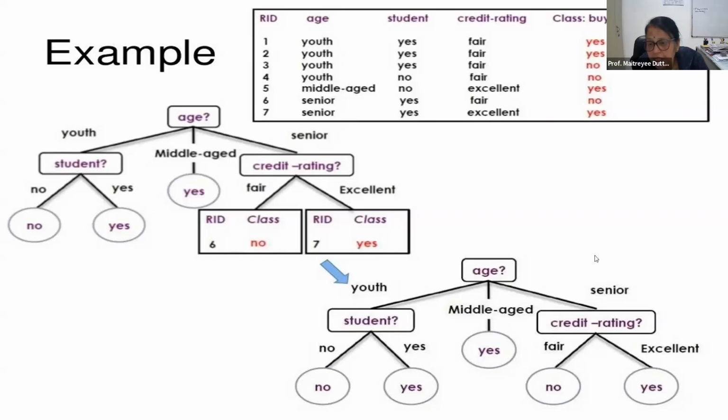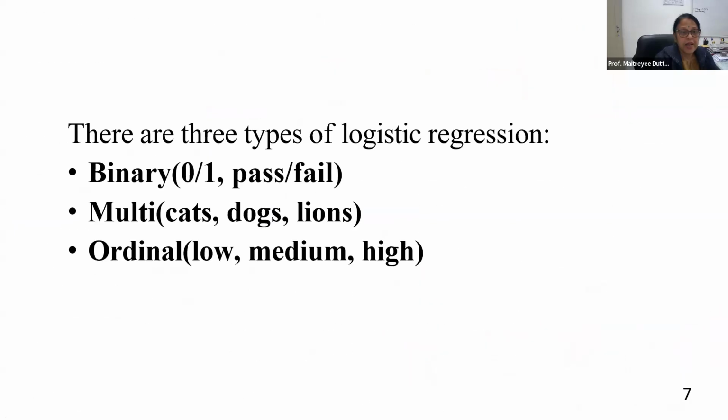Ma'am, we have one query in the chat box. Is binary logistic regression used in the analysis of case control studies? Yes, you can. Logistic regression, again I am telling, depending on your data you have to use. Binary logistic you can also use, because you see I have given an example: control and case are binary, that is 0 and 1, right?